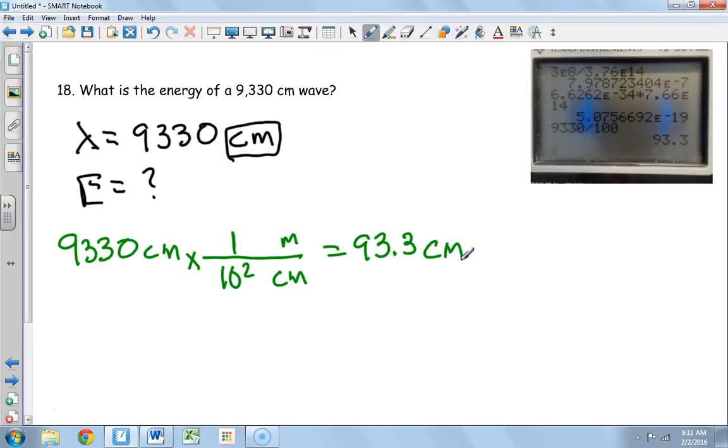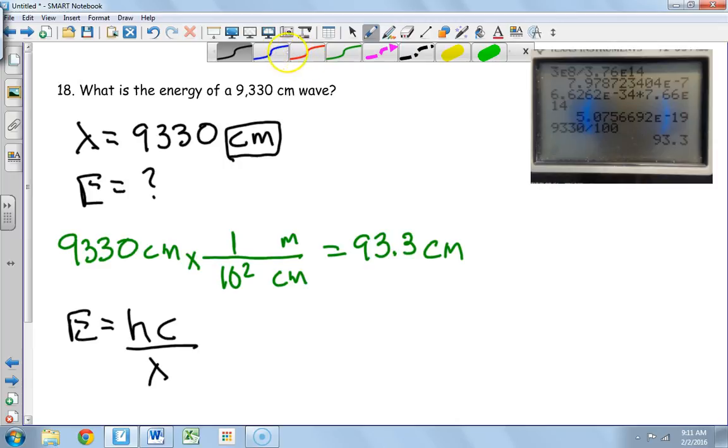Now we're ready to figure out what the formula is, and the formula that relates energy to wavelength is E equals hc over lambda. Now we plug it in.